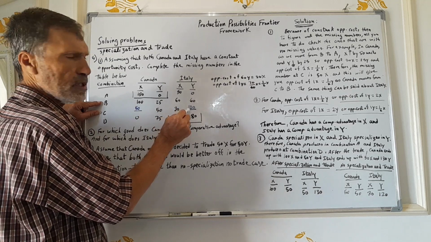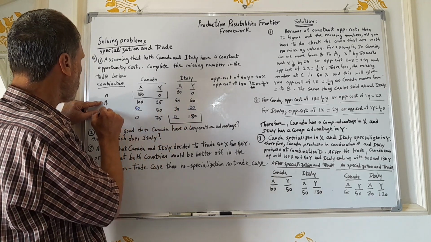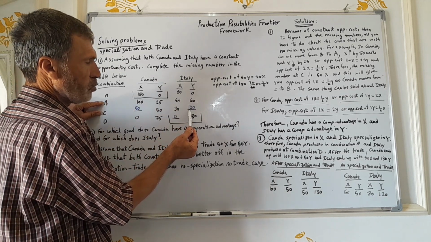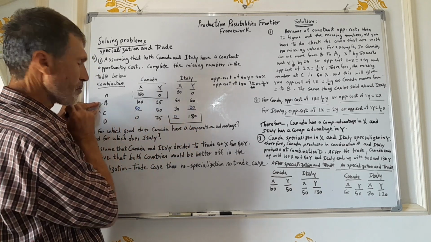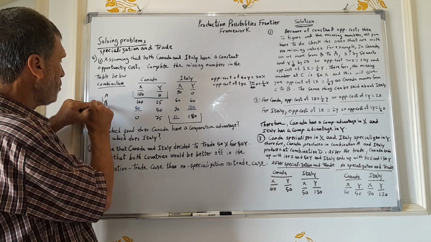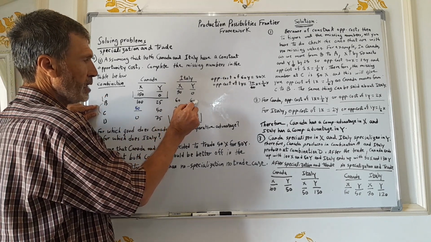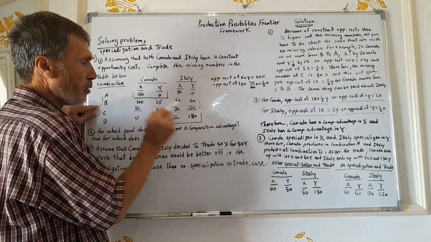Of course, it should be 120, because as you move from B to C, we move from A to B, now we move from B to C, okay, 60 to 100 to 120.